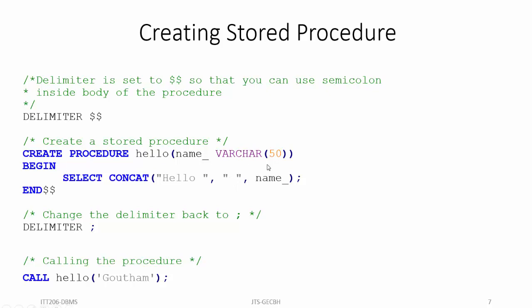We will see the result of this select statement as the output of this stored procedure hello. After this is done we will change the delimiter to semicolon, and to call the procedure hello we will simply use the call statement. We will write call then hello, and inside parenthesis we will mention the parameter that we want to pass.